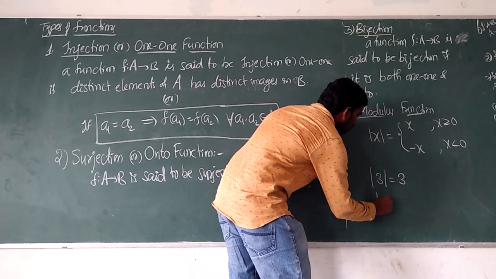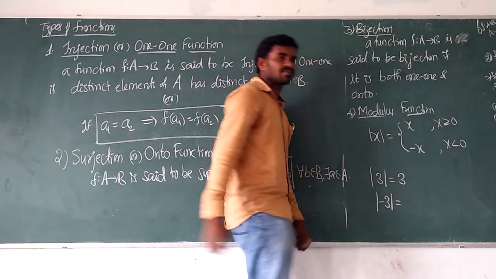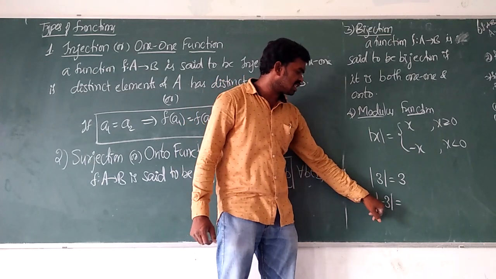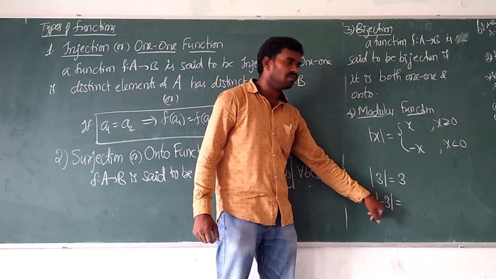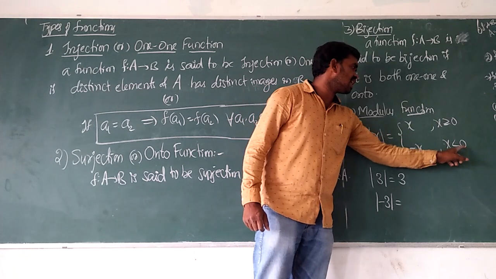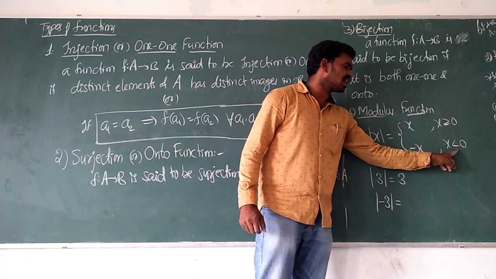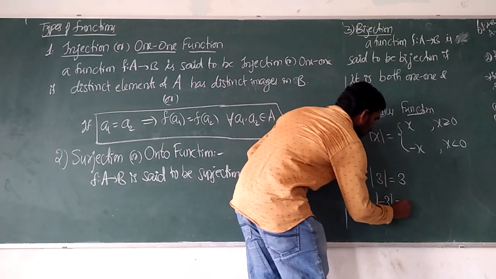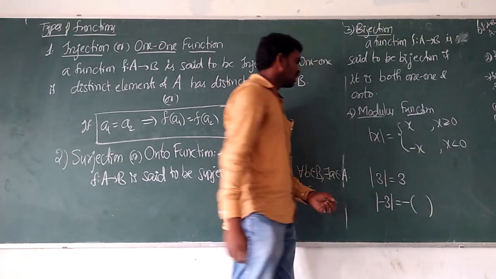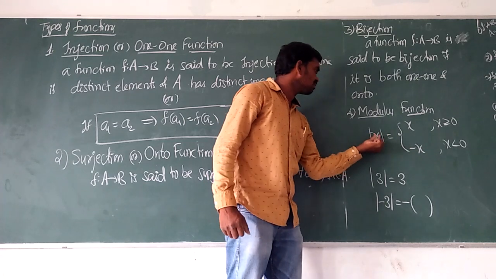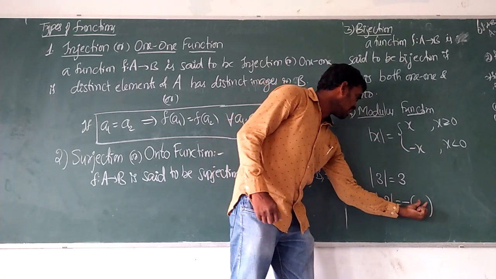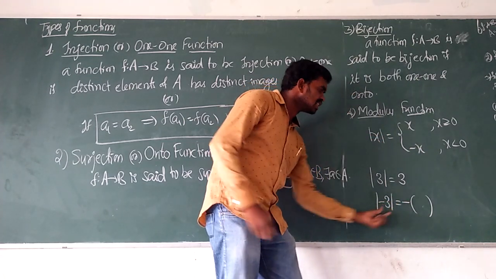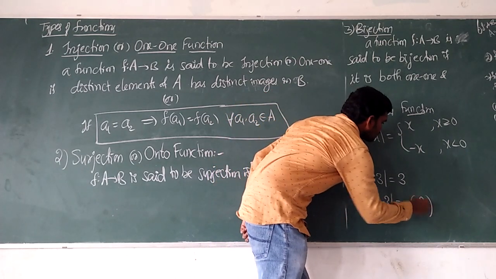Whenever you want to write modulus of minus 3, it is less than 0 because of the negative value. Whenever the value is negative, we have to take minus x. In x place what is there? Minus 3 is there. So we have to write minus.